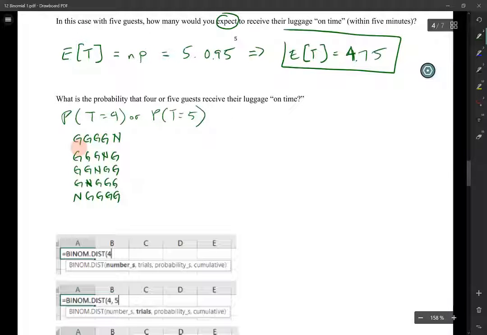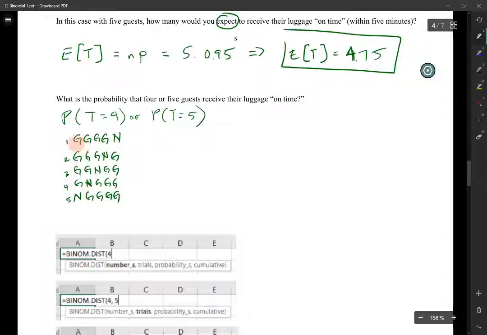So this is like 1, 2, 3, 4, 5. It's no accident that there are 5 and there's only 1. If you pick 1, it could be the last one, the second to the last one, the middle one. So it doesn't matter which order the no was in the batch of 5. One of them did not receive their luggage on time.